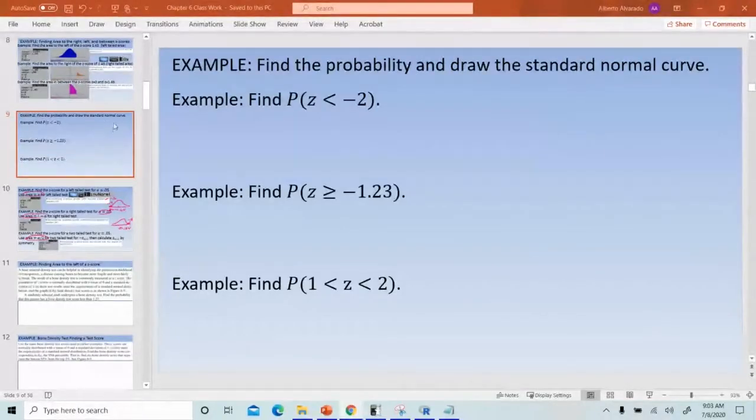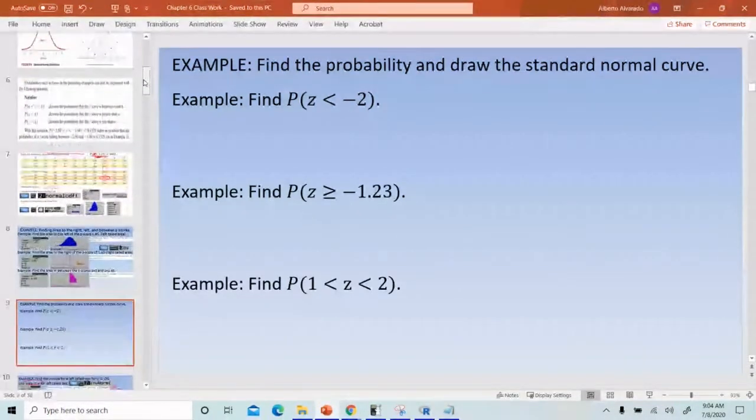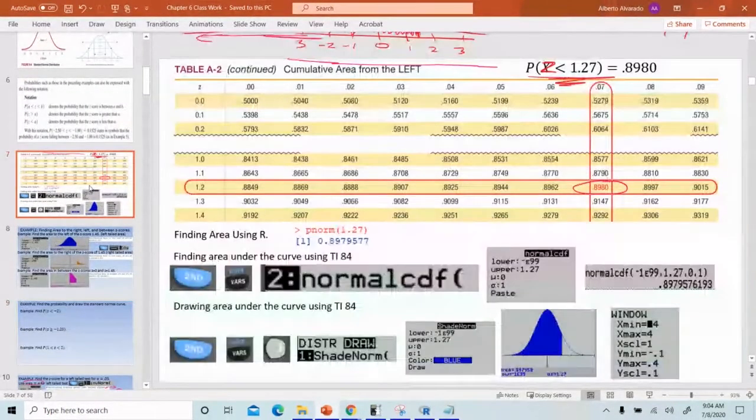So we left off on normal distributions in chapter 6, and just to review a little bit, I showed you how to find the probability of a normal curve using plenty of things. I showed you how to find the probability of a z-score less than 1.27 by using the table.